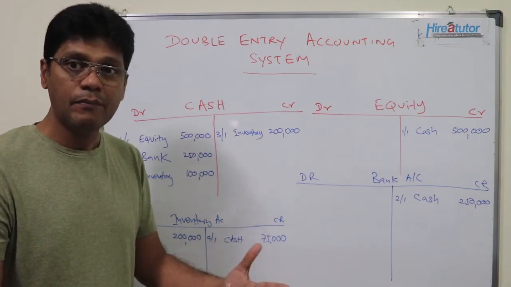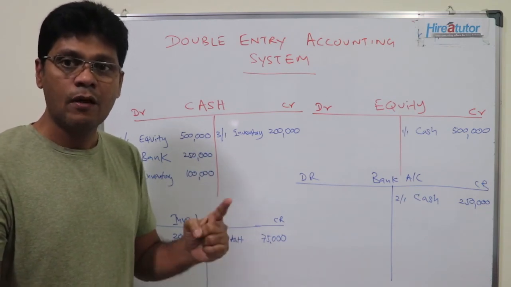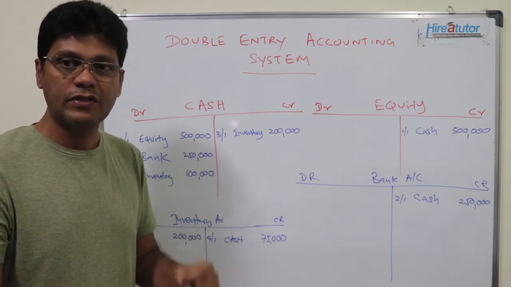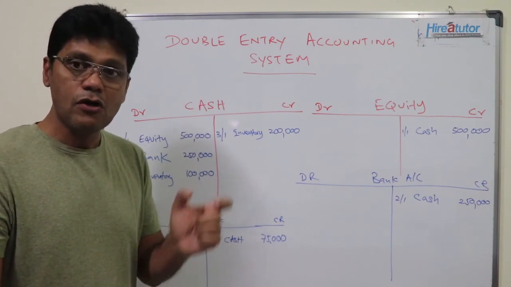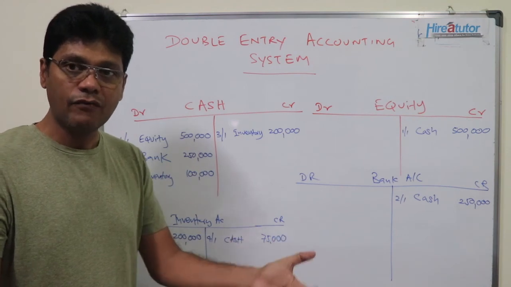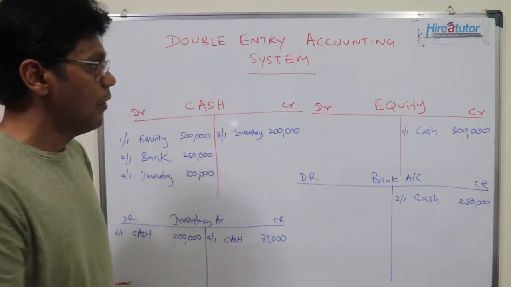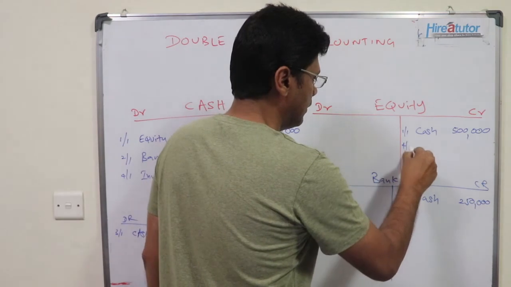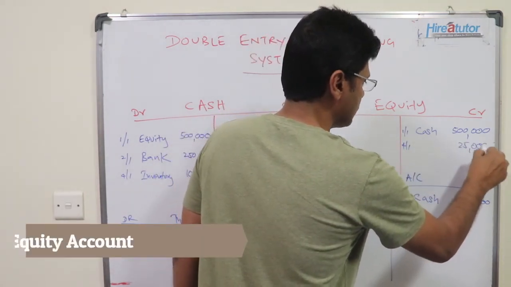If you can remember, in our previous video under accounting equation profit adjustment, please go through my video on that profit adjustment under accounting equation. So the profit belongs to the owner. So an increase in profit will be an increase in equity. So please go to your equity account and credit 25,000.